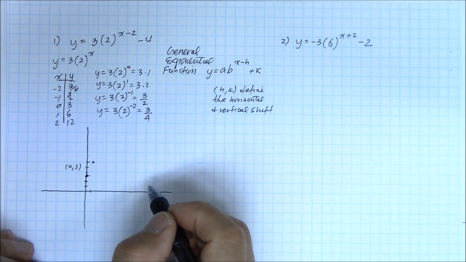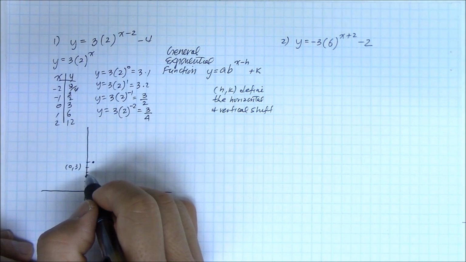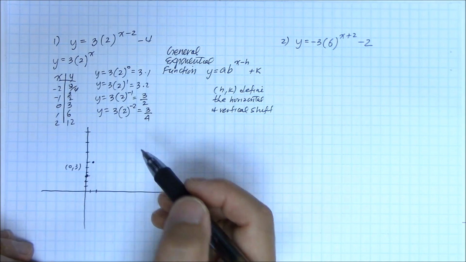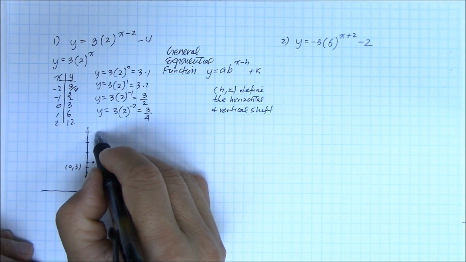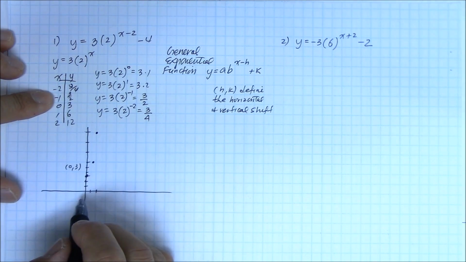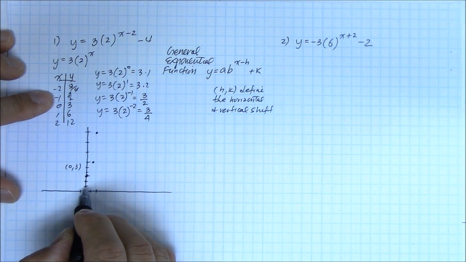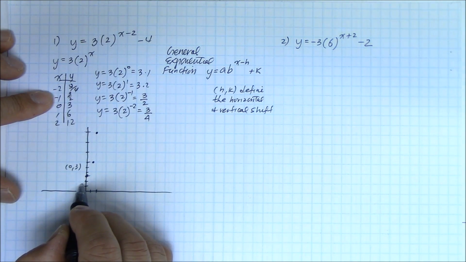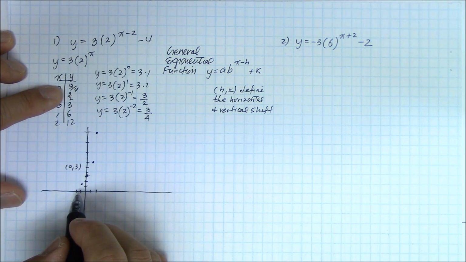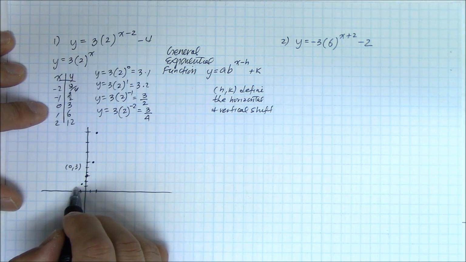Boom. 1 and 6. And 2 is going to be 12. So it's going to get big really fast. On the other side of the number line, negative 1 is going to give me 1 and 1/2, so around here somewhere. And negative 2 is going to give me less than 1, at 3/4.